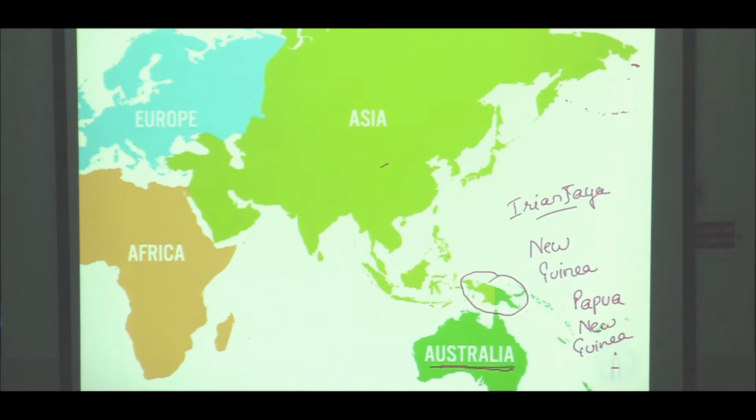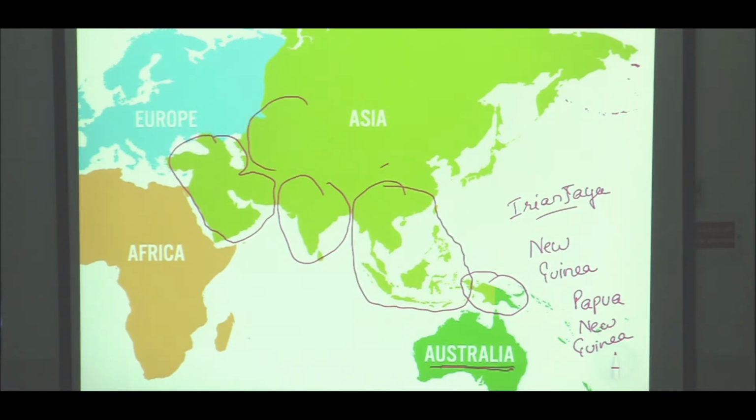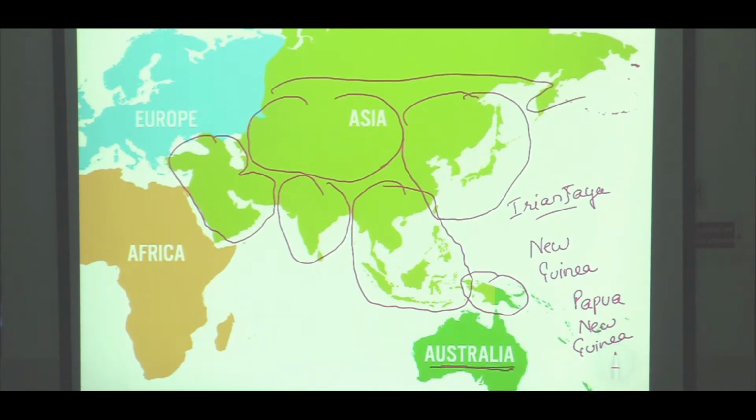And if I have to take the reference of the regional divide of Asia, Asia is essentially divided into Southwest Asia, South Asia, Southeast Asia, Central Asia, East Asia and North Asia.